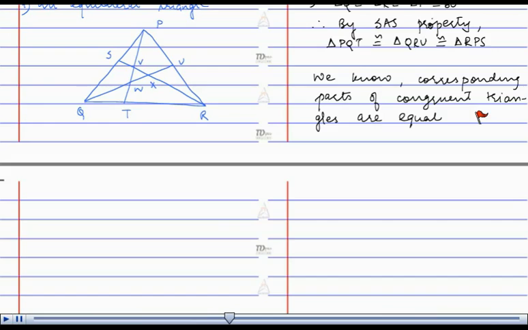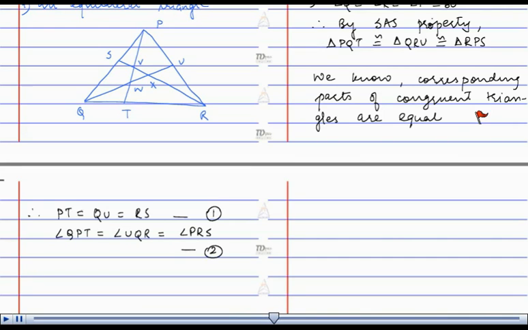Therefore, we get PT is equal to QU is equal to RS, and let us call this equation number 1. And we also get angle QPT is equal to angle UQR is equal to angle PRS. Let us call this equation number 2.